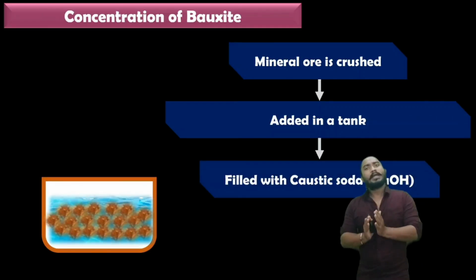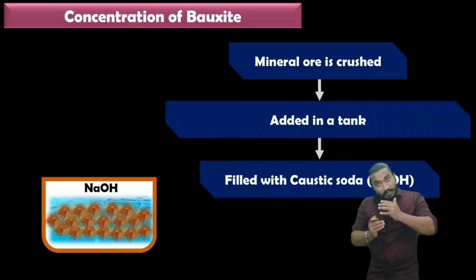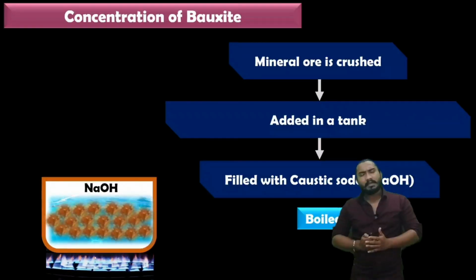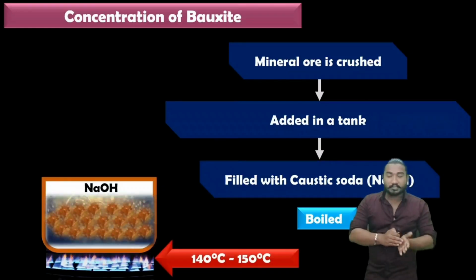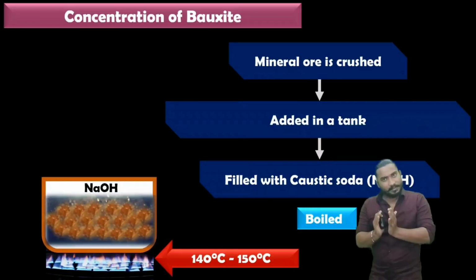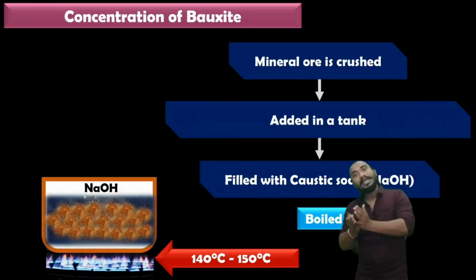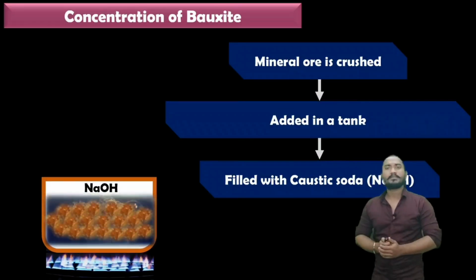Children, sodium hydroxide is also called caustic soda. Then this mixture is boiled at a high temperature of 140 degrees Celsius to 150 degrees Celsius. This reaction takes place for 2 to 8 hours, and this is done at a very high pressure.